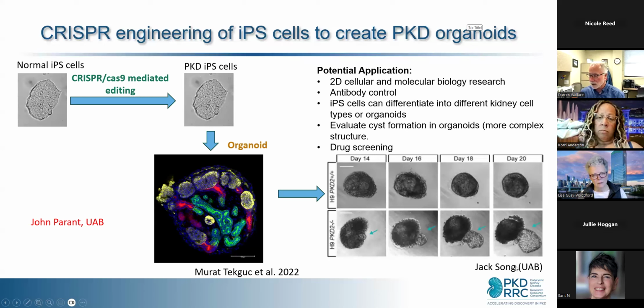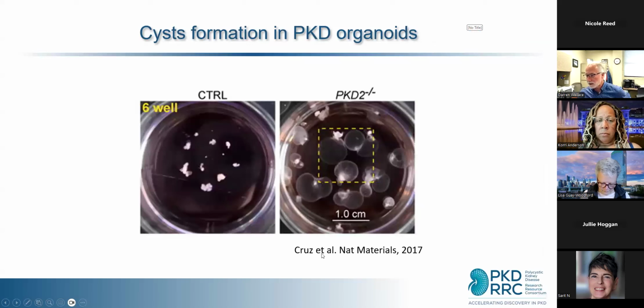So down here is some work from Jack Song at UAB, where he took normal cells and formed an organoid. It's not lit up like the other one. It's not fluorescent. But what he found is that if you knock out PKD2, you can get cyst formation in these organoids. And this had been demonstrated previously by Dino Friedman's group using iPS cells. And over on the left is wild type cells, and then on the right is PKD mutant cells.